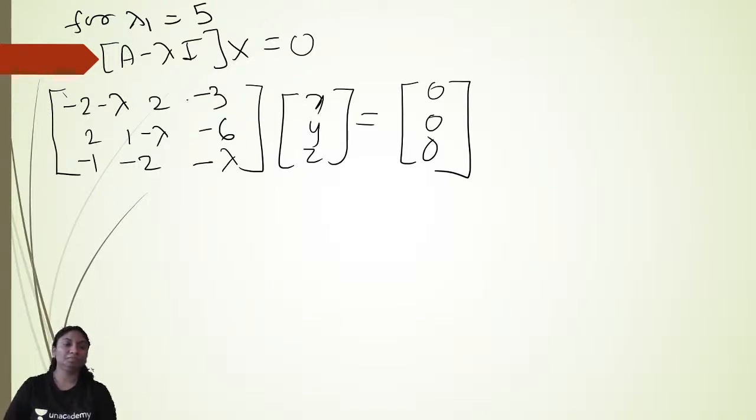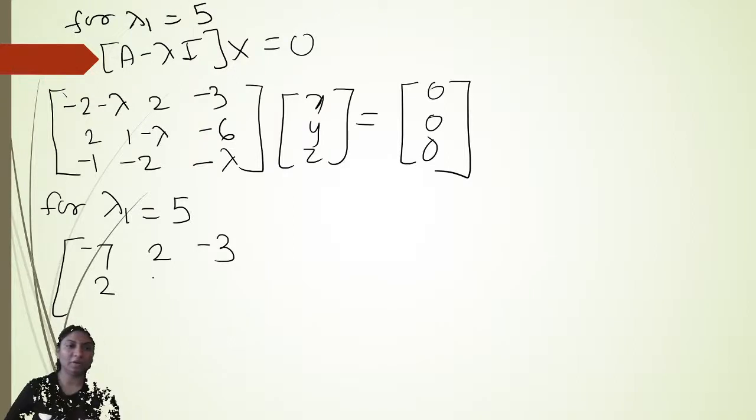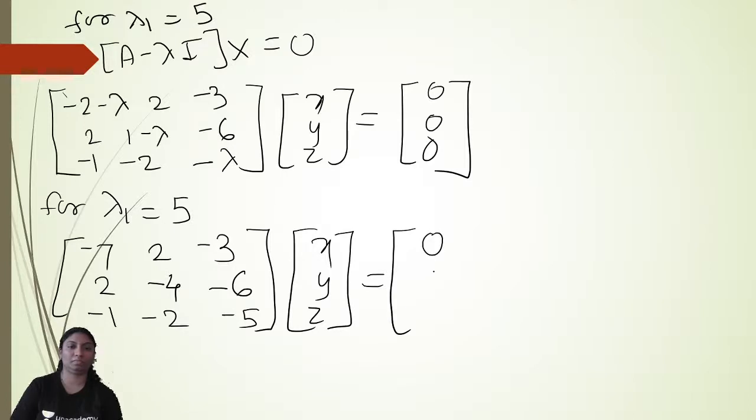Now for lambda 1 is equal to 5, we get minus 2 minus 5, minus 7, 2, minus 3; 2, 1 minus 5 is minus 4, and minus 6; minus 1, minus 2, minus 5, equal to 0, 0, 0.